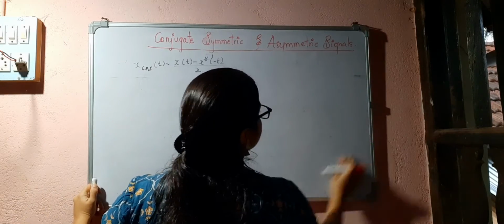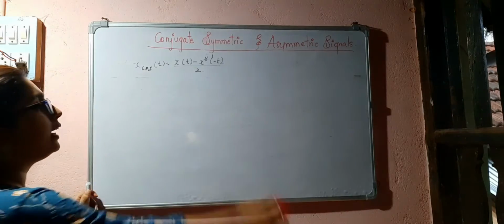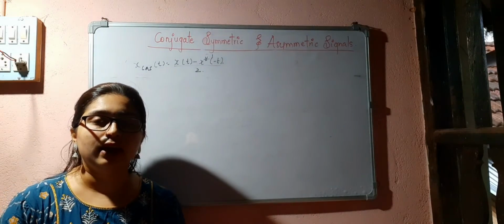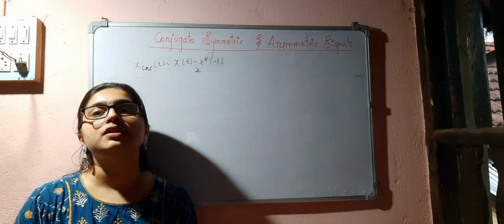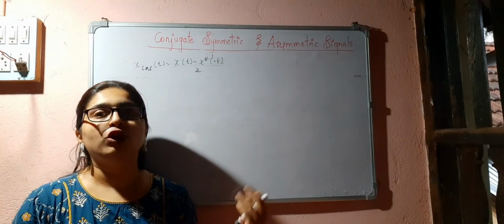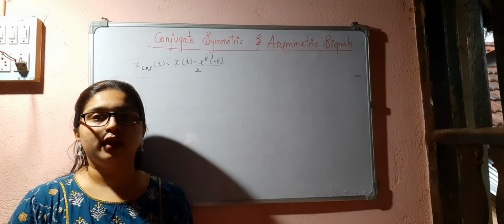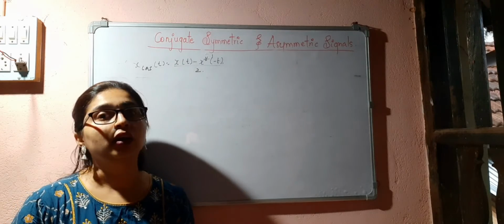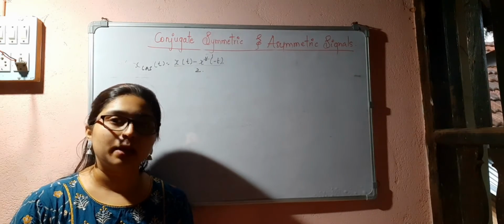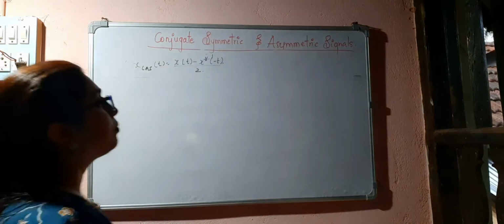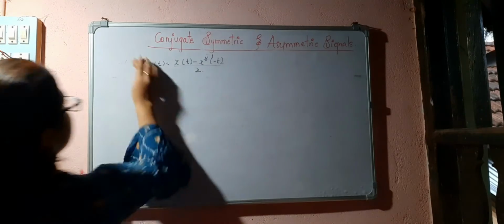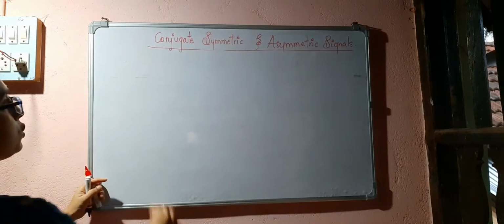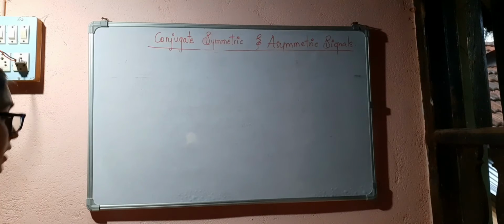We will be seeing this in the Fourier transform, like if the signal is real and even, if the signal is real and odd, then what will be the Fourier transform of that, whether it is conjugate symmetric, what happens to the real part, what happens to the imaginary part. Okay, so these are the points to be remembered in the conjugate symmetric and asymmetric signals.